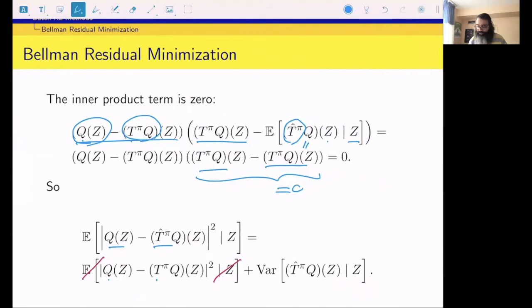So this becomes the variance of T hat pi of Q evaluated at z. Okay? Are there any questions so far? You have to go through it to fully understand it, but is there any clarification needed?